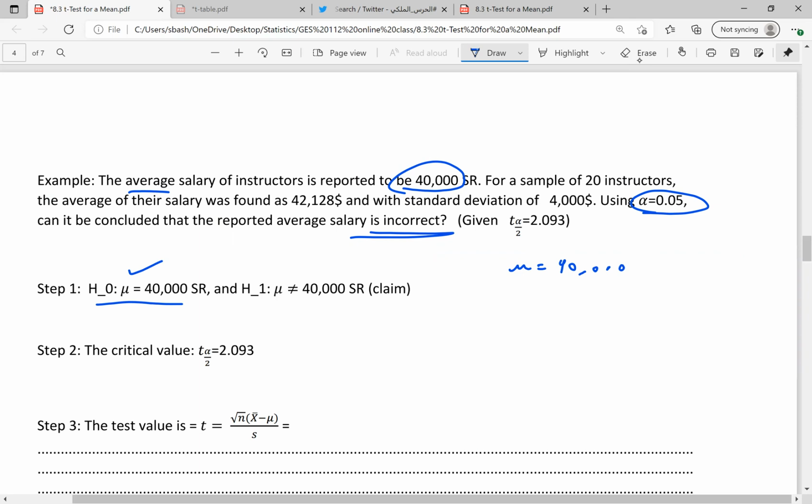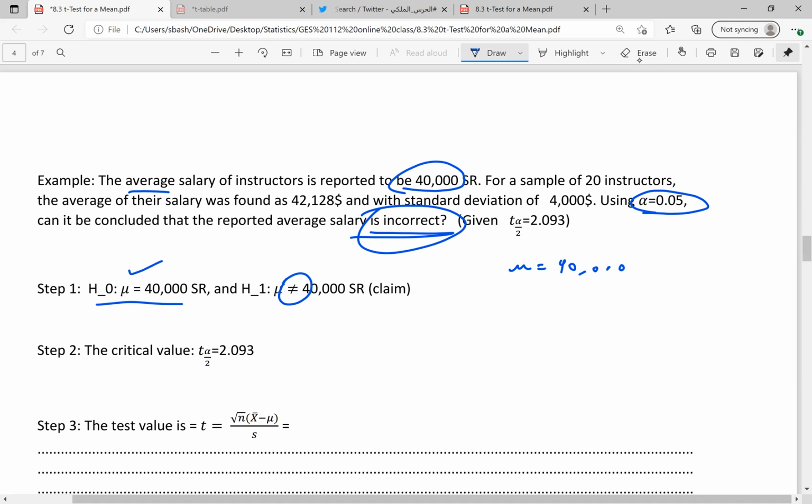Now, the alternative hypothesis says that it can't be concluded that the reported average salary is incorrect. If the null hypothesis is equal, then if we say incorrect, it means the alternative hypothesis is not equal to 40,000. It might be less than or greater than.